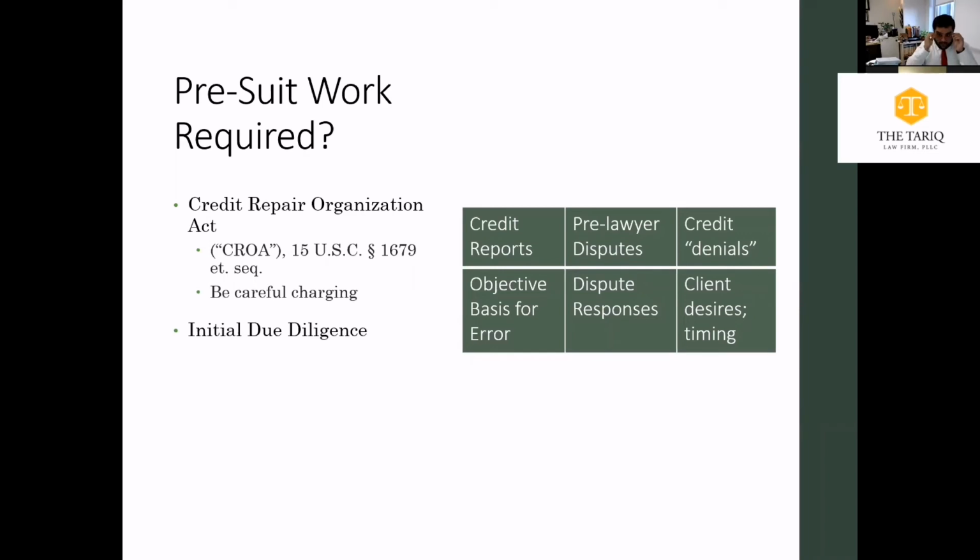I bill my normal hourly rate, and it's not something that the consumer pays for out of pocket. It's something that the defendants, the credit reporting agencies, or the furnishers have to pay for our services. So we don't charge anything out of pocket, which is kind of great.